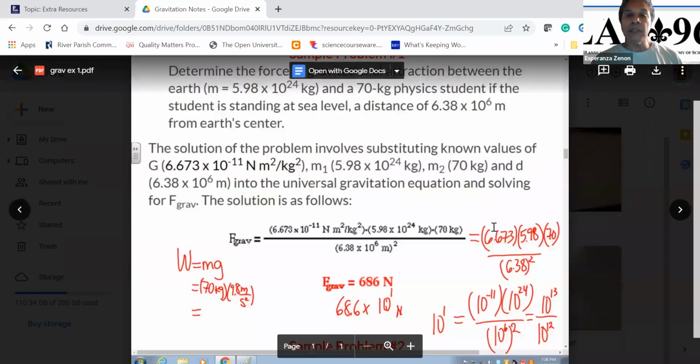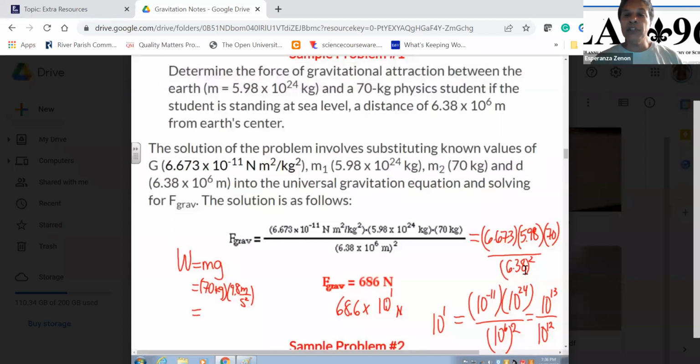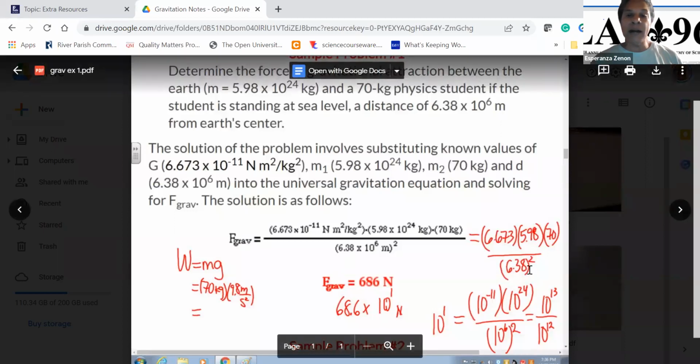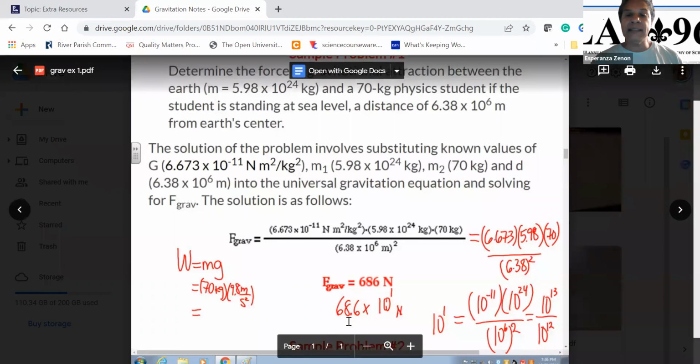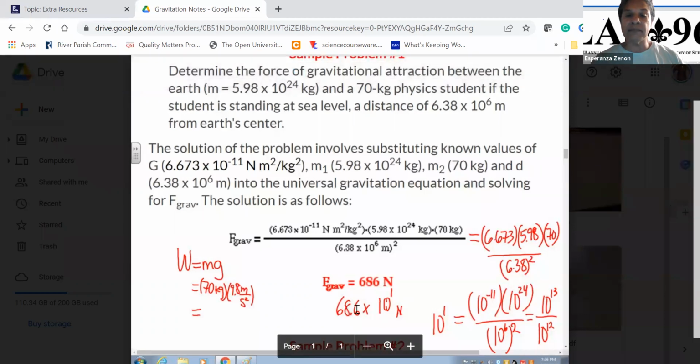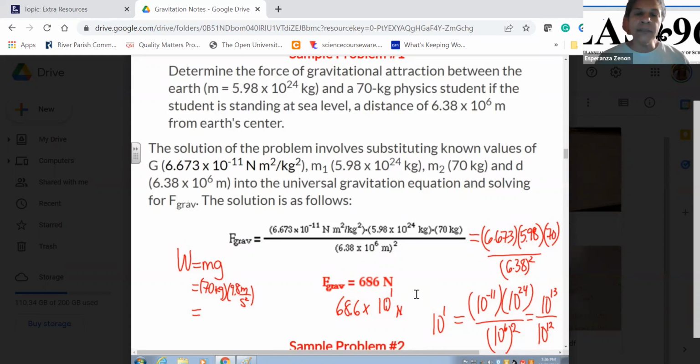Those are the numbers from the top. And then 6.38, the number from the bottom, but I squared it. When I multiply all of that, I get 68.6. Then I have to separate out the exponents. I do the numbers by themselves, the exponents by themselves, and then I recombine it at the end because, again, I'm not using a fancy calculator, so I have to work it out the long way.